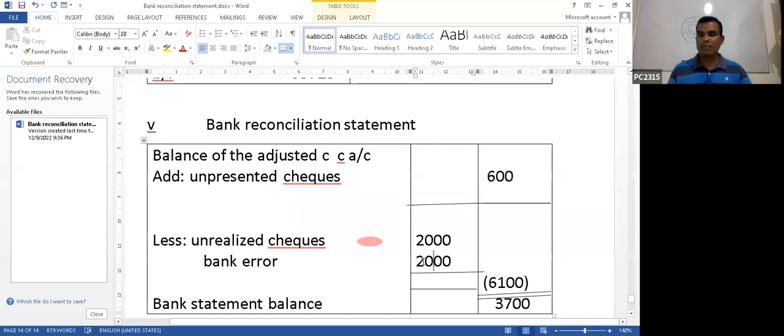Because in the cash receipt journal, Sunil's check 002 is not available in the credit column of the bank statement. So the total is 4,000 which should be deducted.